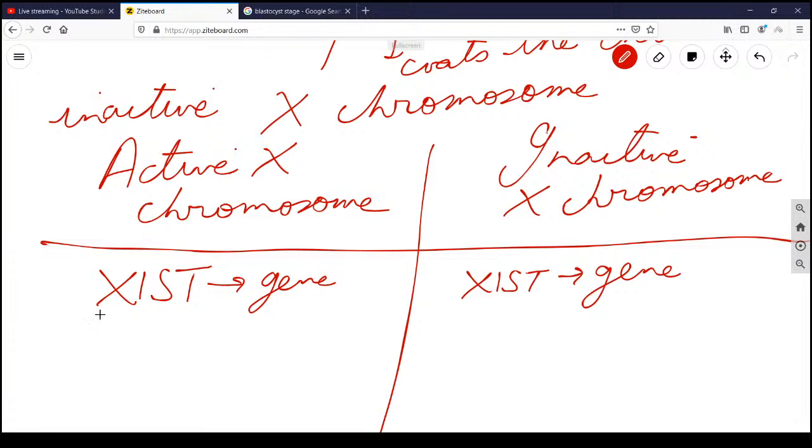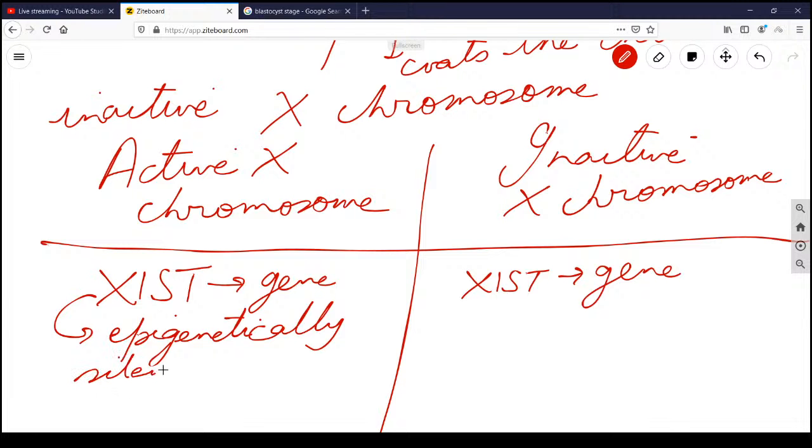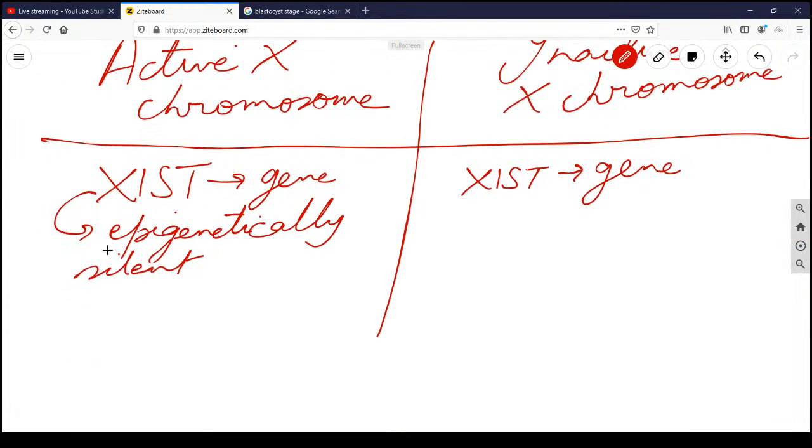But till now, randomly one X chromosome will be chosen, and the XIST gene of that X chromosome will be epigenetically silent due to, just like I told you in the case of sperm and ovum, DNA being heavily, or extensively, methylated.